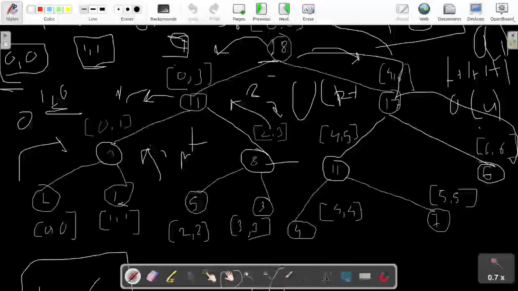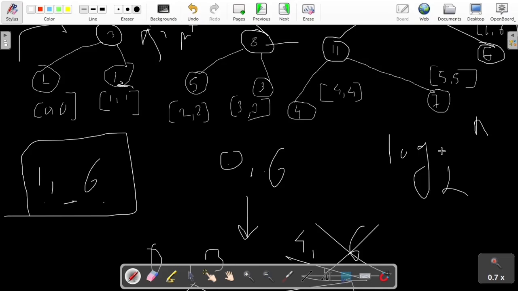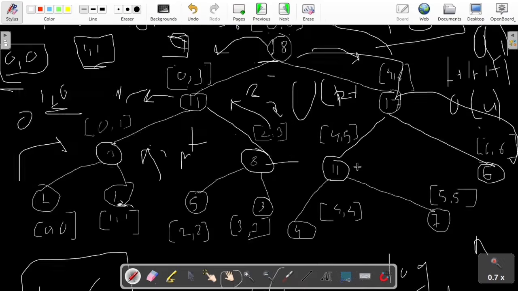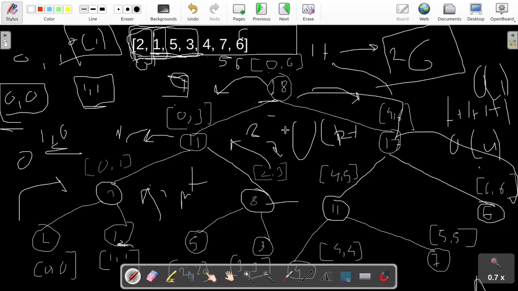You will go till a leaf node to find your answer. And what is the depth of each leaf node? The depth of each leaf node is log n to the base 2. So the time complexity of querying is simply log n, because in the worst case you will go log n times down.